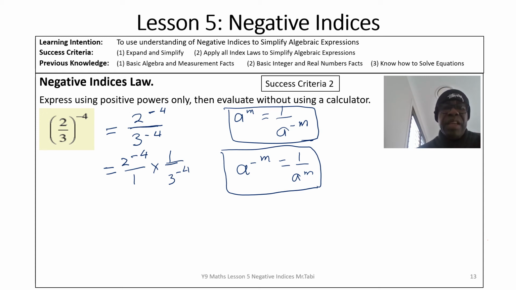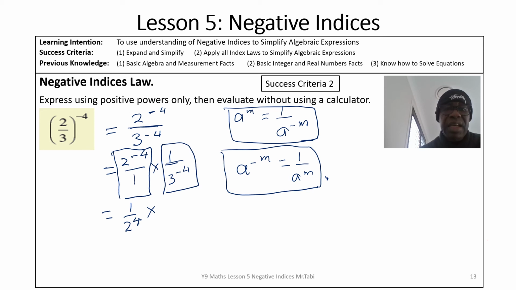Now, if you think of this part here, that part becomes 1 over 2 to the power of 4. Now, if you look at this part here, it tells you this part becomes 3 to the power of 4 divided by 1.